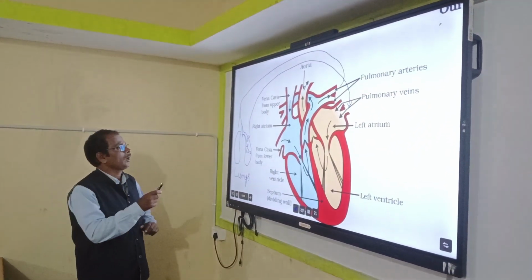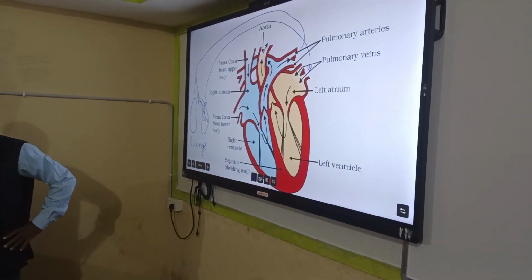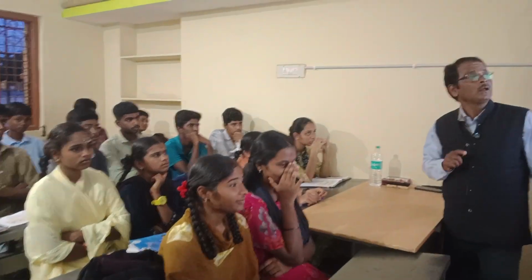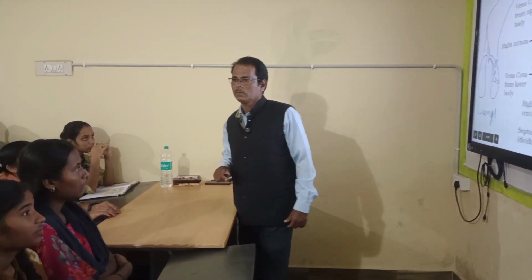Okay, this is all about the heart and its functions. Now you can tell me how many liters of blood will be there in a normal human male. Good, very good. Sit down. Now you understood how much blood will be there in normal human males.